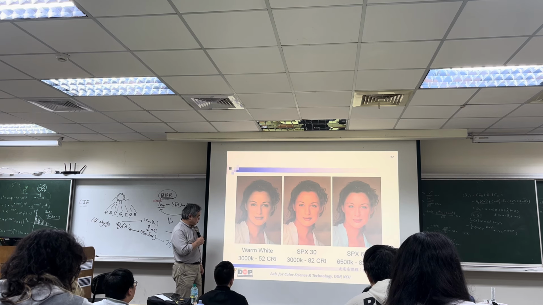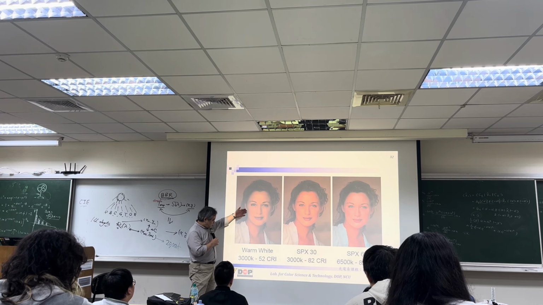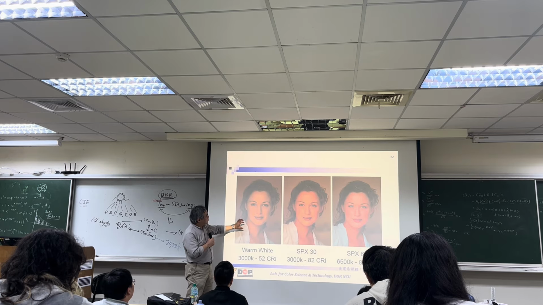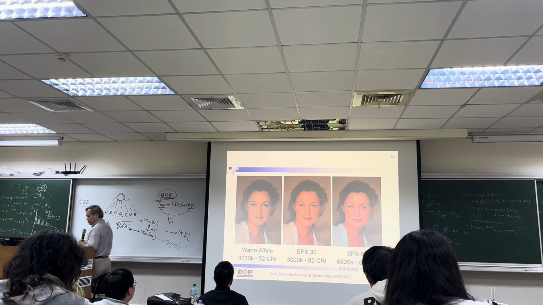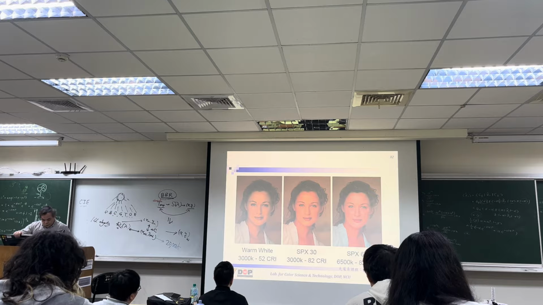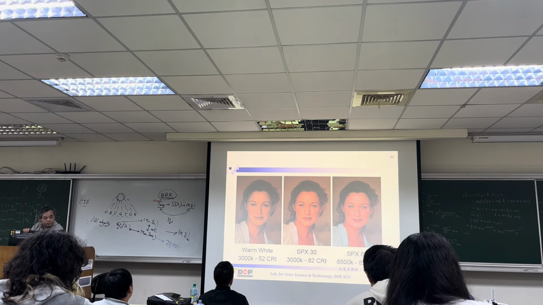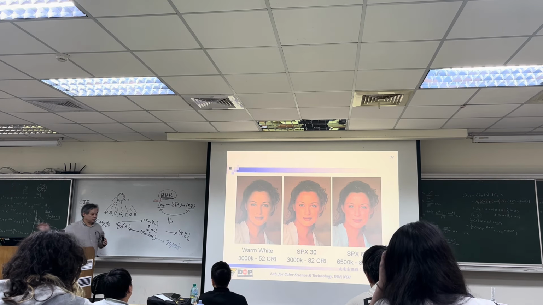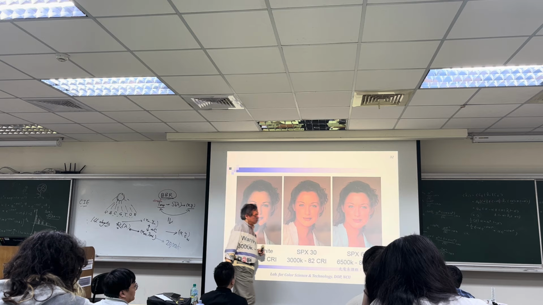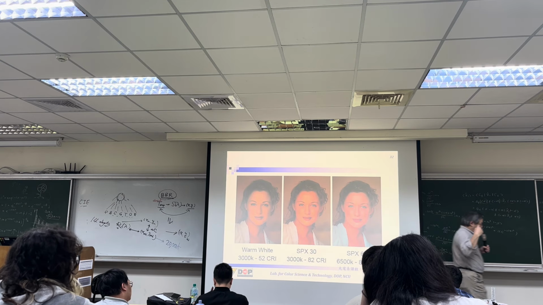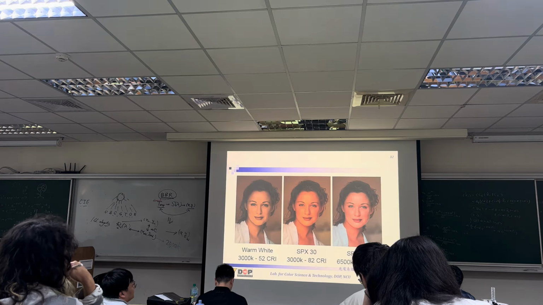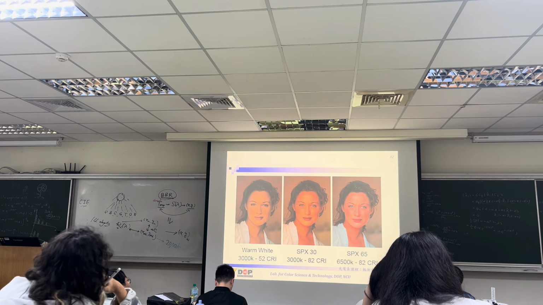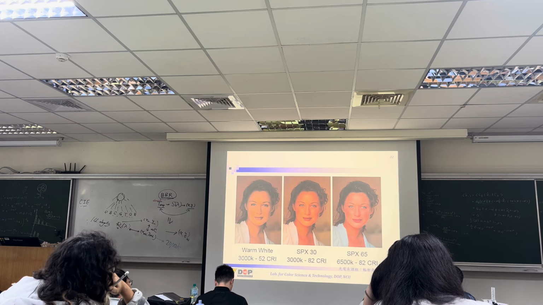Give you different feeling. So this is warm white, lower temperature and the lower CRI. So you cannot see the skin color so good. So you should try to see. Which face do you prefer? It depends on your preference.